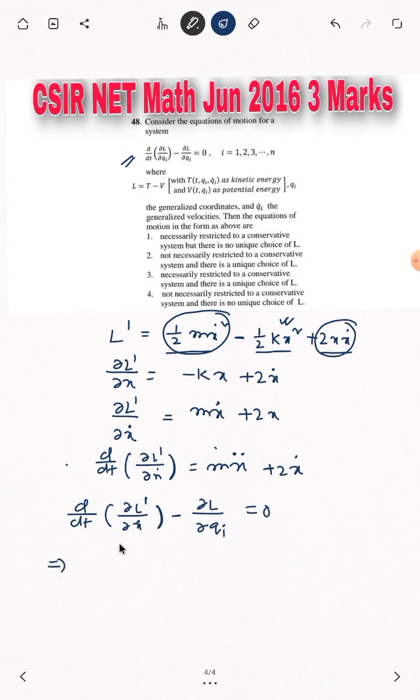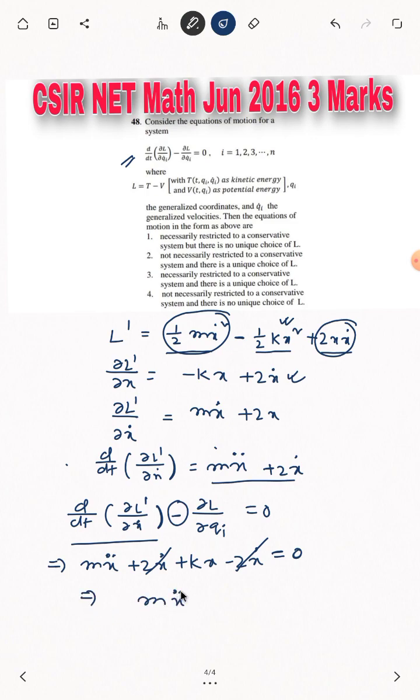This quantity has been calculated here, so m x double dot plus 2x dot, and this quantity has also been calculated here. So we should put all these here. This minus kx will be plus kx, and plus 2x dot will be minus 2x dot because of this minus sign, and that is equal to 0. This 2x dot will be cancelled, and we have m x double dot plus kx equal to 0. This is important. Call it equation B.